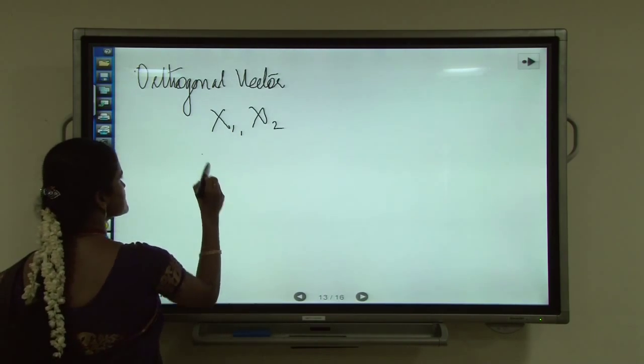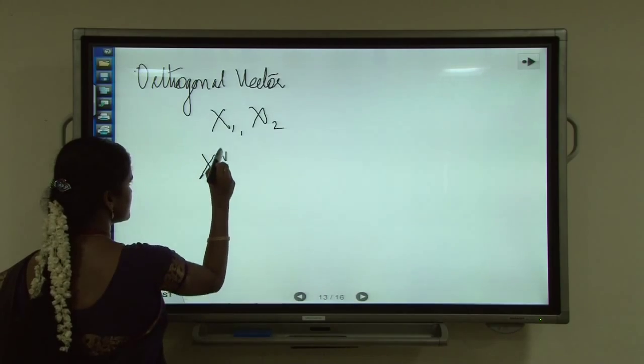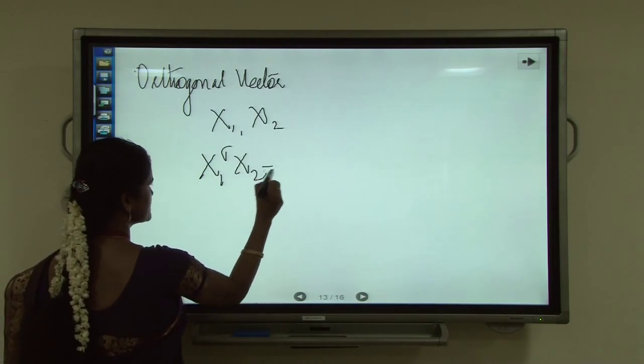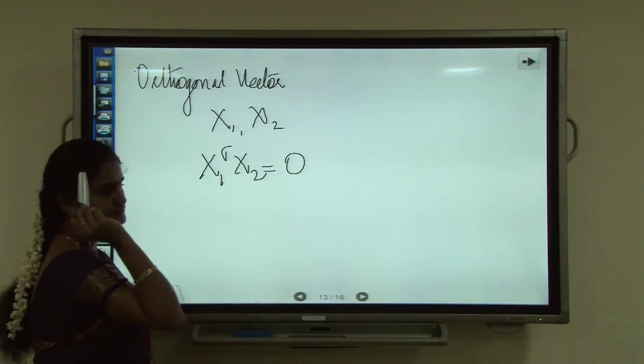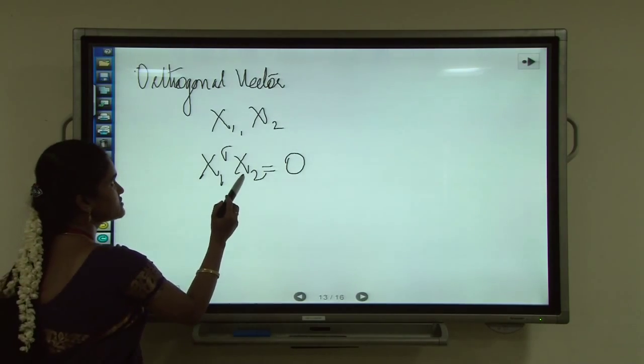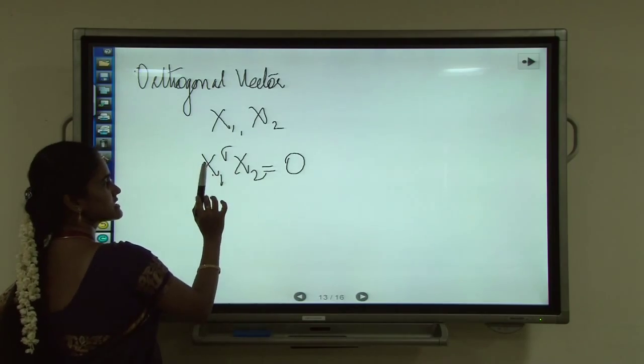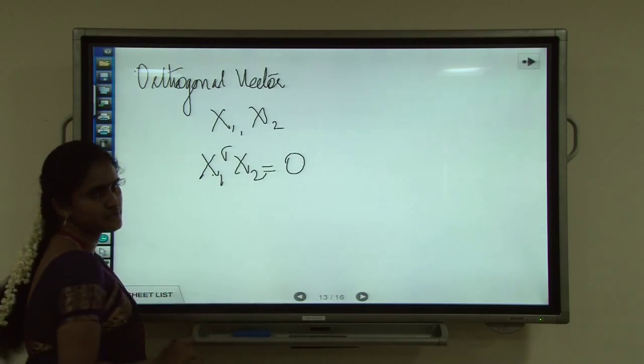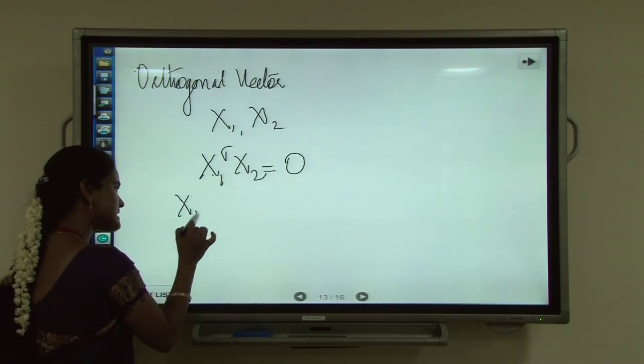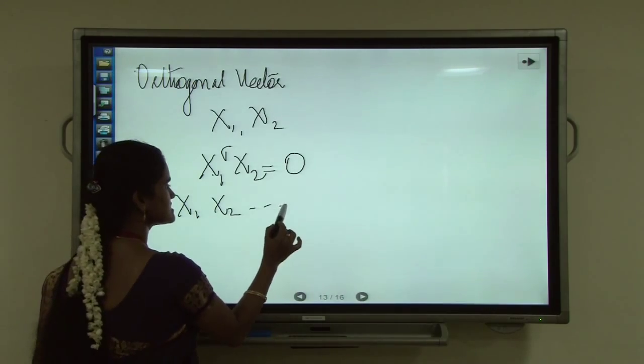You can say the vectors are orthogonal when x1 transpose x2 is equal to 0. We say x2 is orthogonal to x1 and x1 is orthogonal to x2. In that case, x1 transpose x2 is equal to 0. Let us take some more vectors like x1, x2, etc. up to xn.